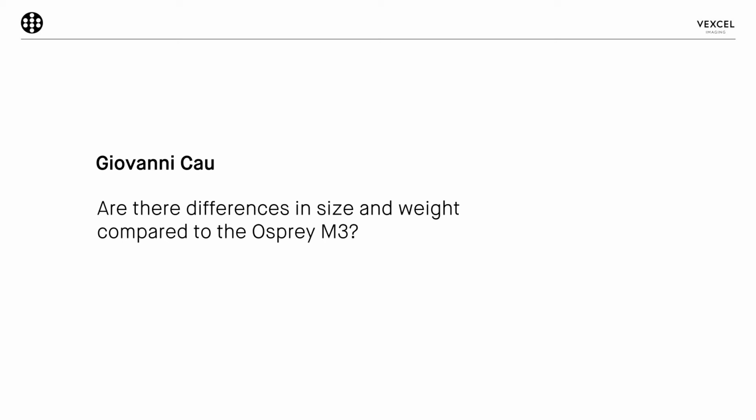But then the head of the camera is considerably smaller, especially the upper part of the head. That makes it much easier to install the camera in places or in airplanes where the hole is not in the center but moved to the left or right towards the body of the plane.